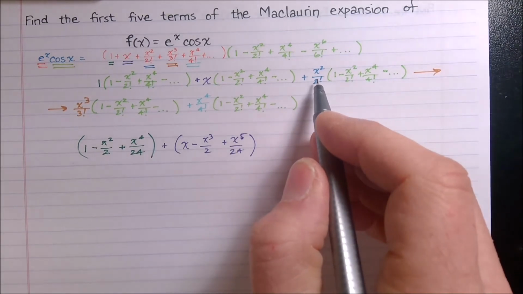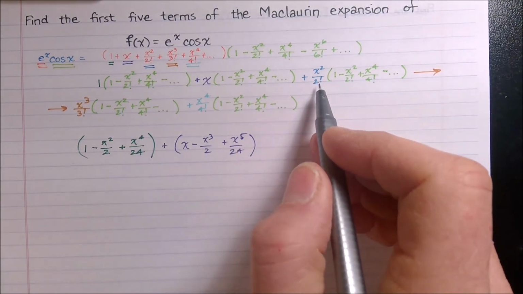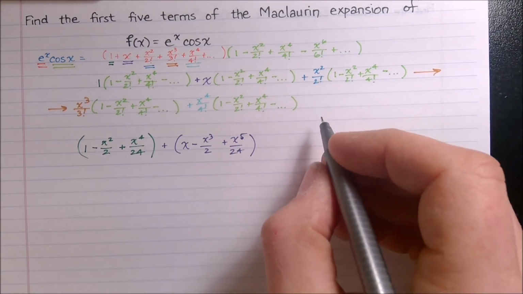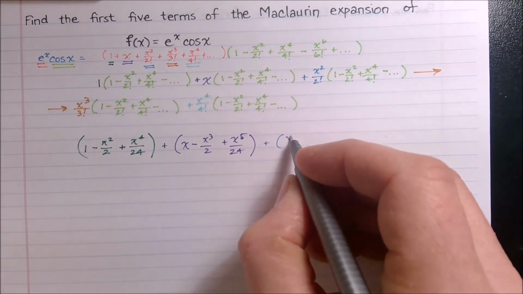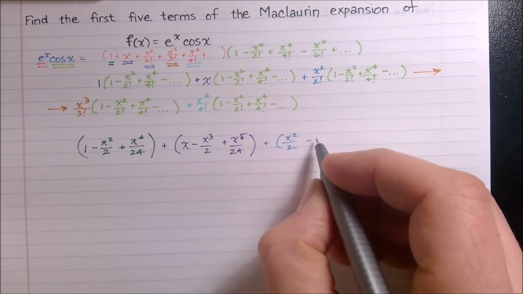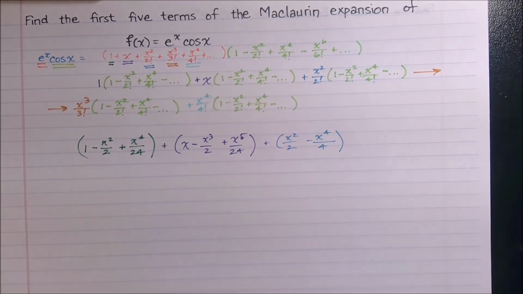When I put this guy in, this x squared over 2 factorial, my first term would be x squared over 2, minus x to the fourth over 4. And then the next term would be larger than what I'm dealing with, right?